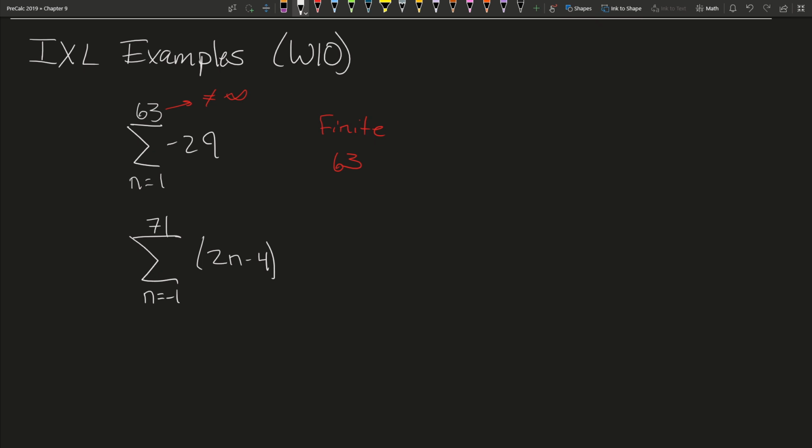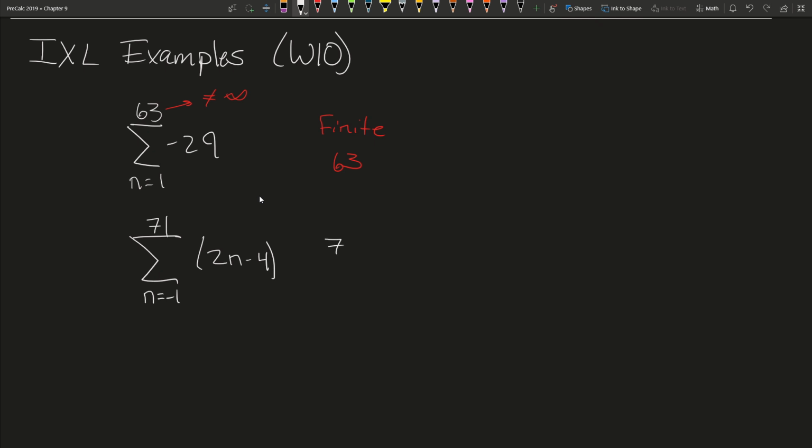A little bit later, it'll introduce stuff where your index doesn't just start at 1, but it starts at 0, or in this case, -1. All right. So again, this is still a finite sequence because our top limit isn't a number, right? And then it asks us to find how many terms are actually in the series. All right, so there are 71 from 1 to 71. And then there's the 0 term, and then there's the -1 term.